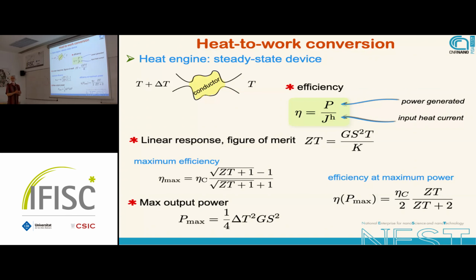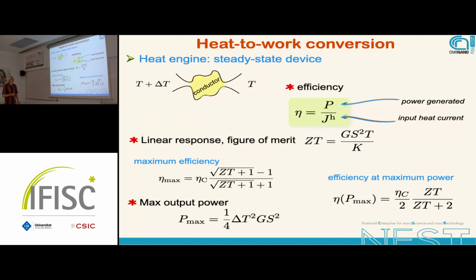So when you are dealing with heat engines, at least in the linear response, these are the quantities which you need just to assess the performance of the heat engine.